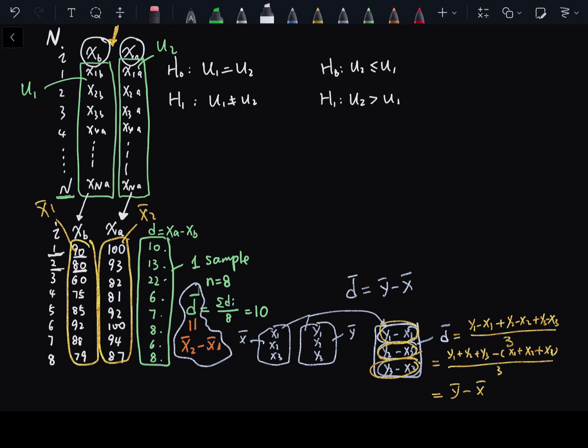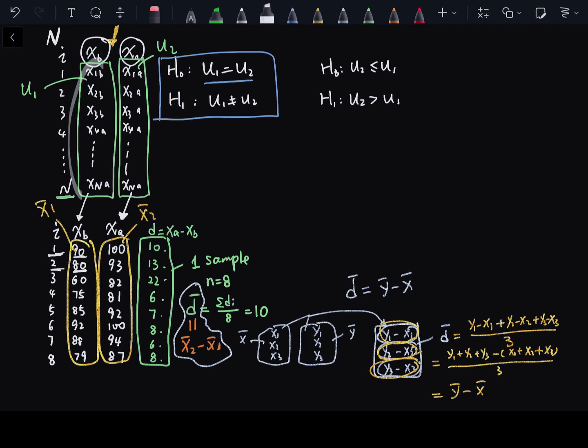So that means this average of differences equals the difference between two averages. Now you have converted two dependent samples into one sample, and this is your hypothesis. If there's no difference between two population means, that suggests no difference between two sample means.